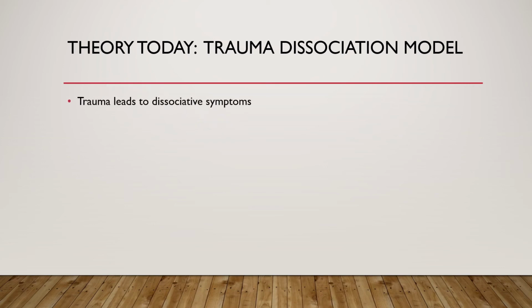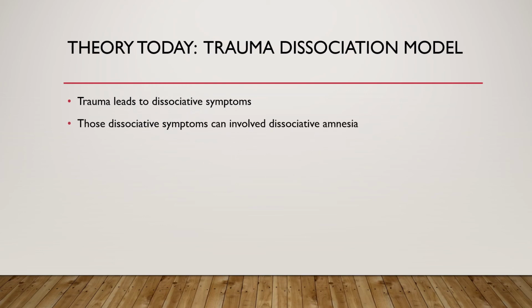Well, first of all, you have what they now call the trauma dissociation model. They don't call it repressed memories anymore. And the theory goes something like this. Trauma leads to dissociative symptoms, and they go to great lengths at showing that there is a correlation between reported trauma and dissociative symptoms. I think that relationship is quite low, especially when you measure it outside of trauma clinics.